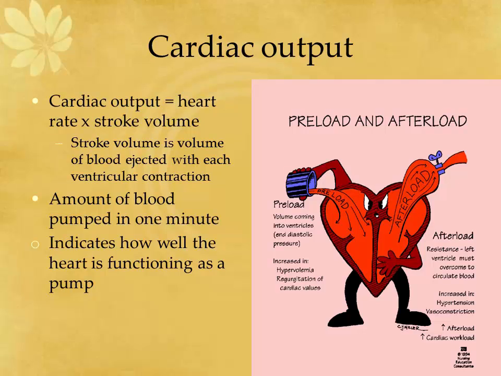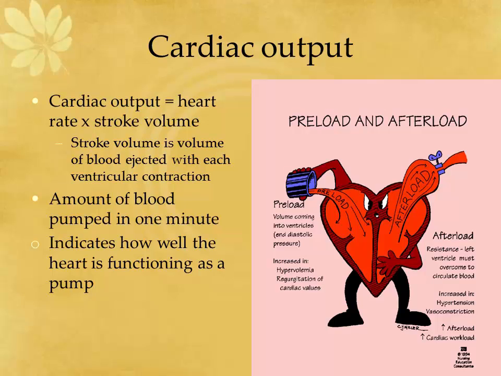Cardiac output is the volume of blood that the heart pumps per minute. So cardiac output is heart rate times stroke volume. Stroke volume is the volume that is ejected with each heartbeat, or with each ventricular contraction.